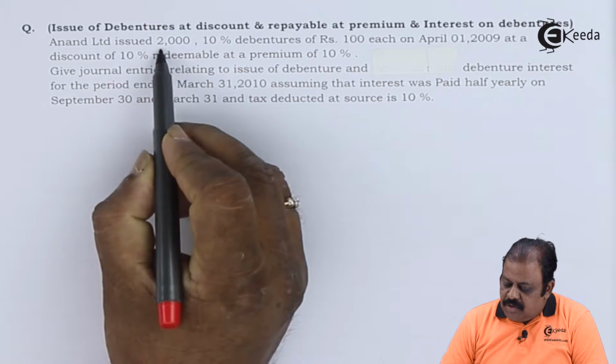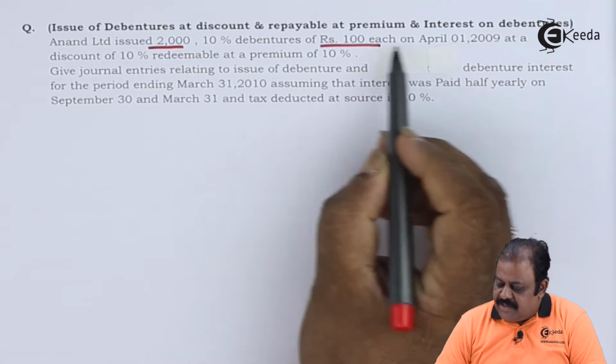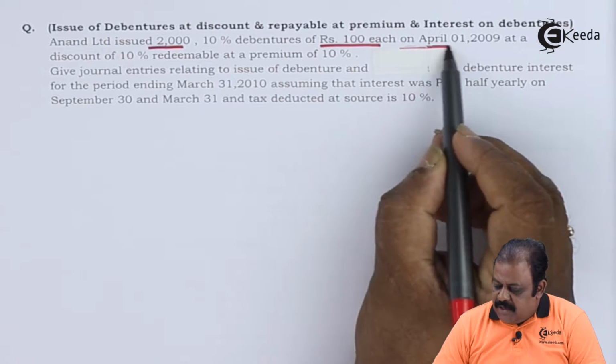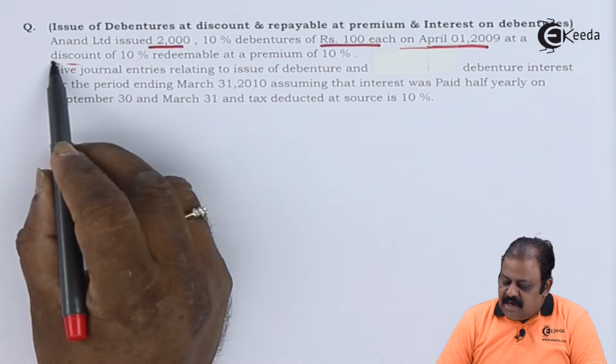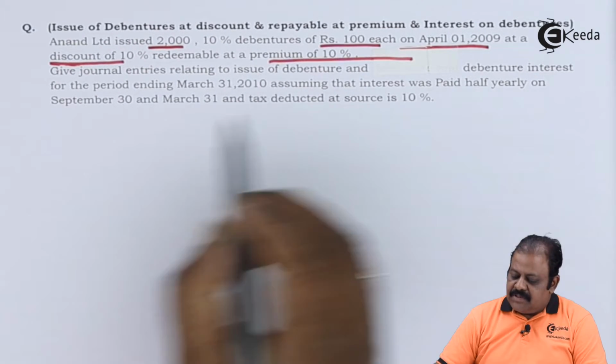Anand Limited issued 2000 10% debentures of rupees 100 each on 1st April 2009 at a discount of 10%, redeemable at a premium of 10%.